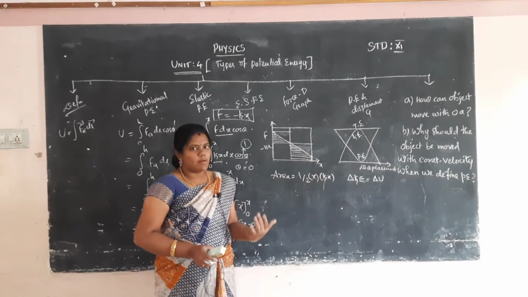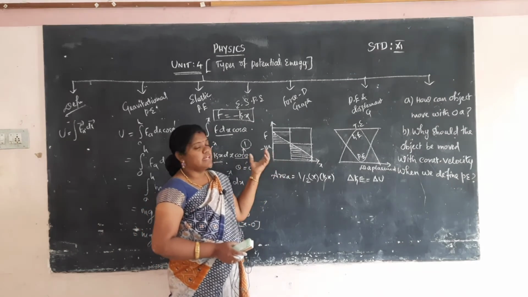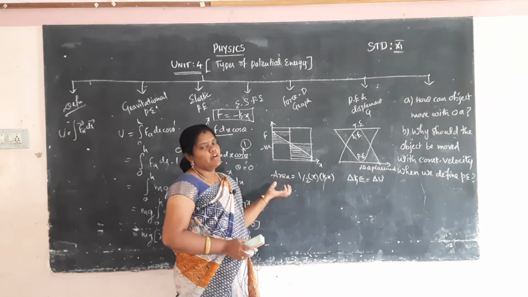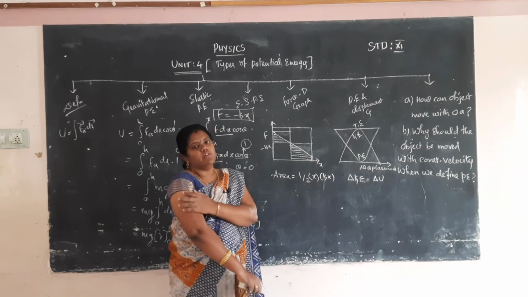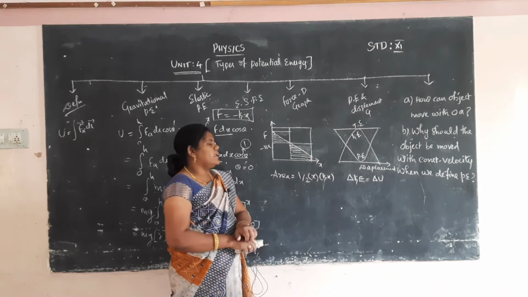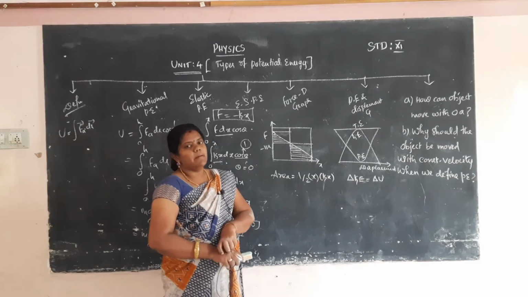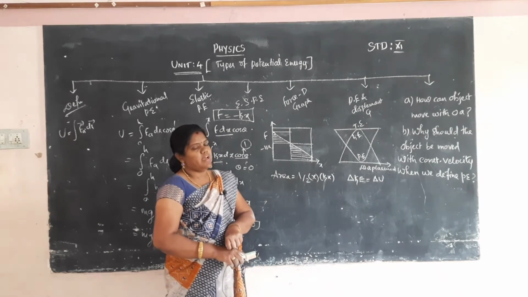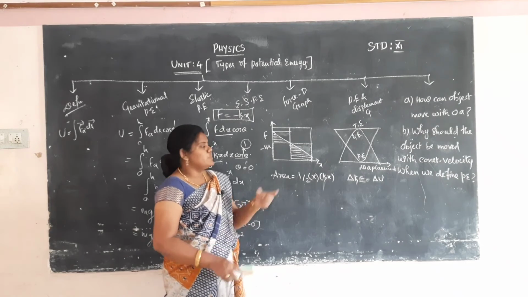We want to calculate the area under the force-displacement graph. The area will indicate what amount of force is acting and what amount of work is done, that is, F into d. So automatically we can find the work done by applying the force, and the energy that the object will be having is also easily calculated using this graph.